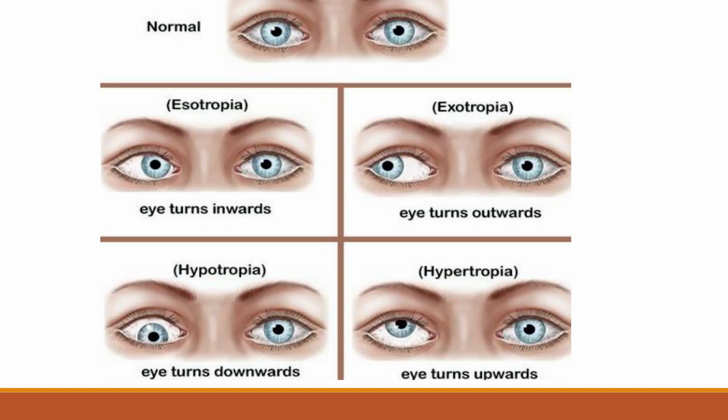If the eye turns downward, we call it hypotropia, or when the eye turns up, we call it hypertropia. If the eye turns inward in a rotatory form, we call it encyclotorsion, while when it rotates outward, we call it excyclotorsion.